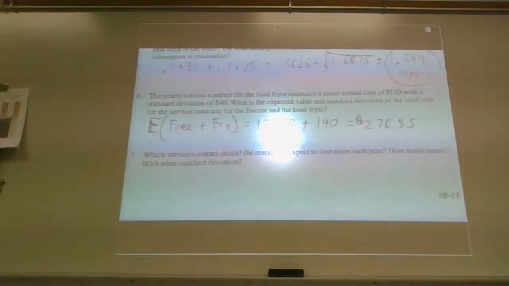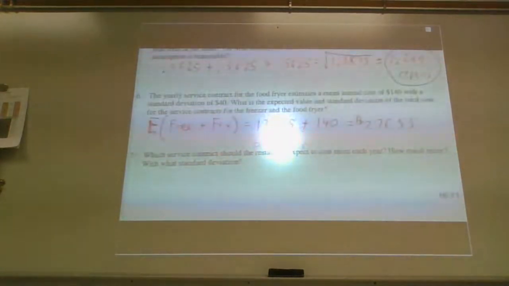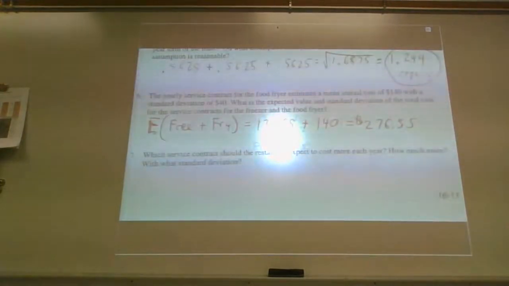But now with standard deviation, I can't. I have to find the expected total sum of these two pieces of equipment added together. I'm going to have to convert things to variance, then combine them, then convert them back.